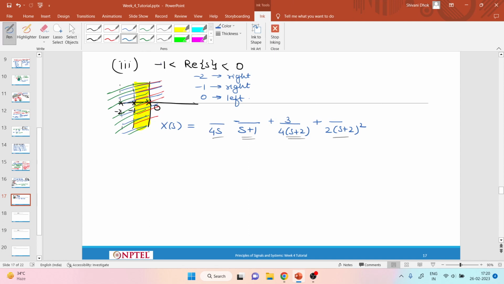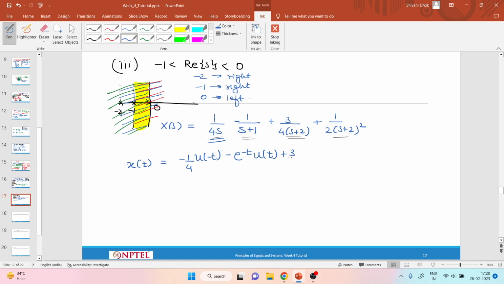So I'm having 1 here, 1 here, and 1 here, and this will lead to left hand sided thing. So therefore it will be 1 by 4 u of minus t. This corresponding to minus 1 is giving me a right hand sided thing, so it is simply e power minus t u of t.